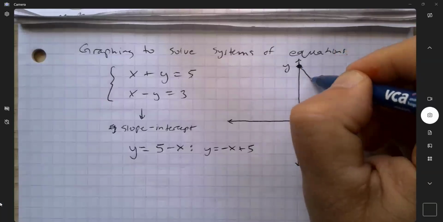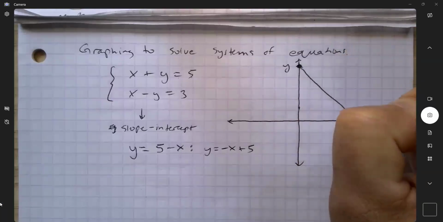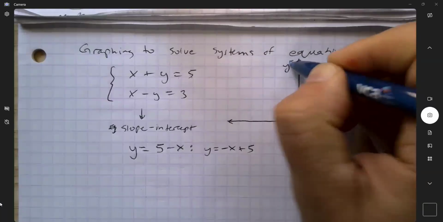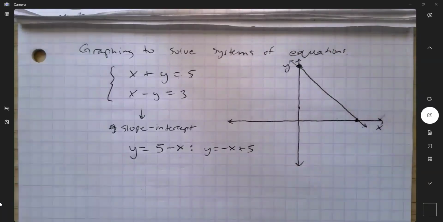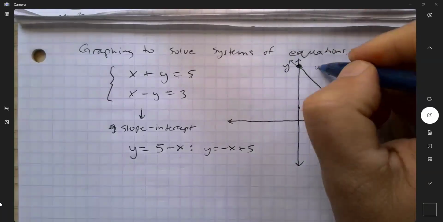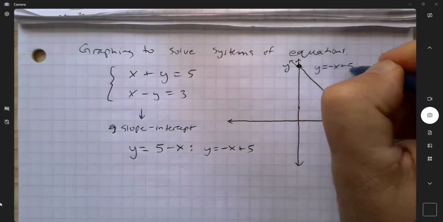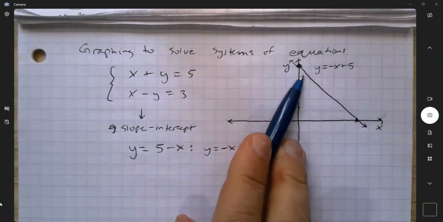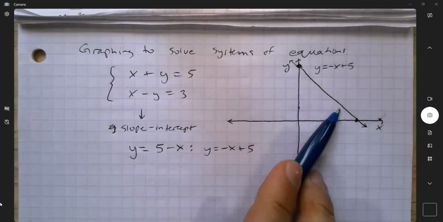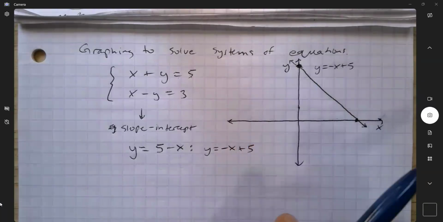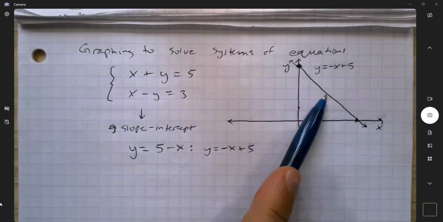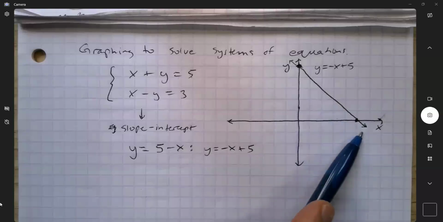Negative x plus 5 is this line here, and it keeps going, and it keeps going. This is y equals minus x plus 5. And this line, if you remember before, is showing us all combinations of x and y that make the equation true. Well, that's a good start, because any solution to my system had better be on this line.